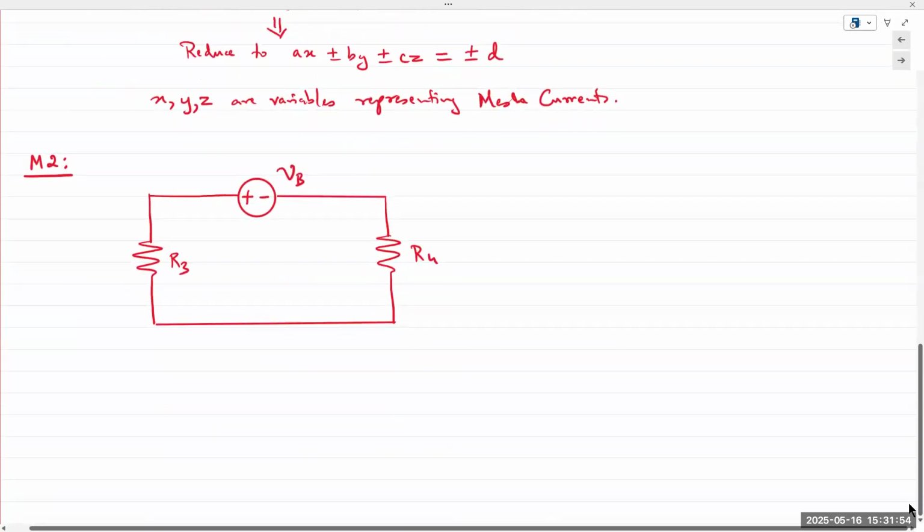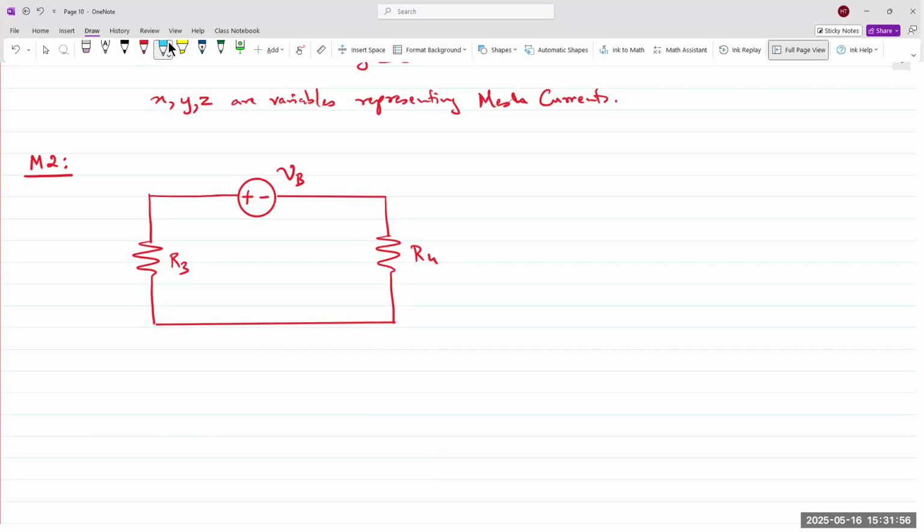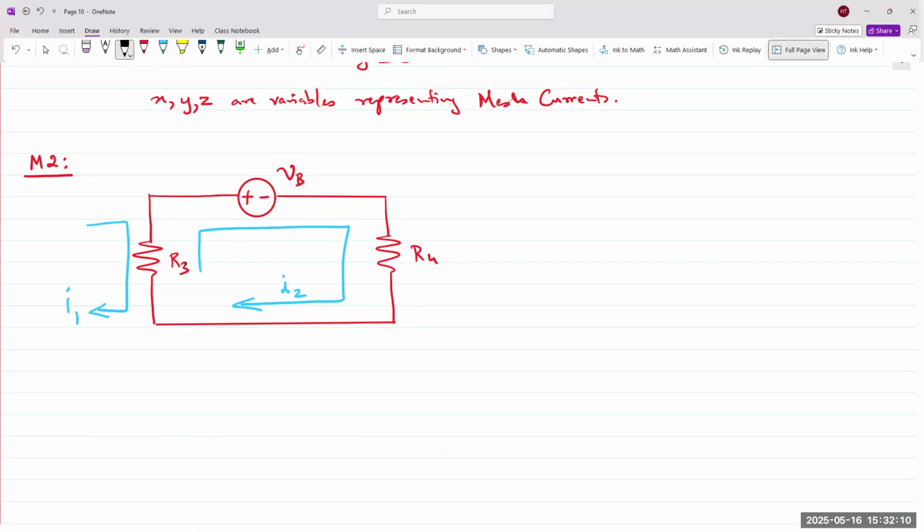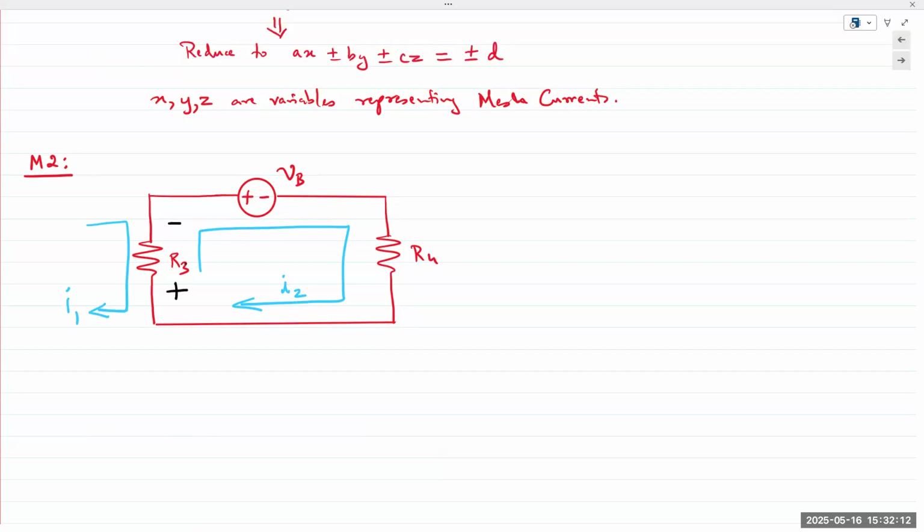Now, R4, of course, does not have any mesh through it. So I2, this is I1. This causes a voltage drop in this direction, plus minus, and this will be plus minus here. And this will also be plus minus.